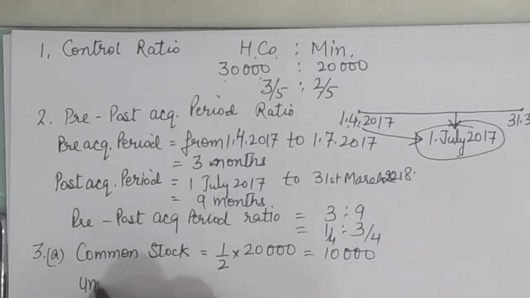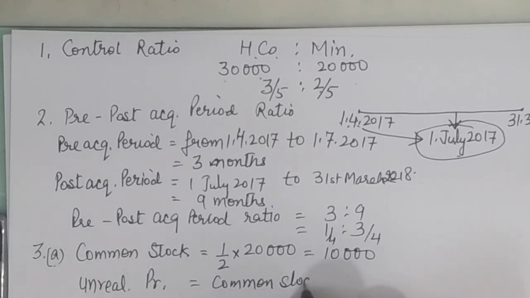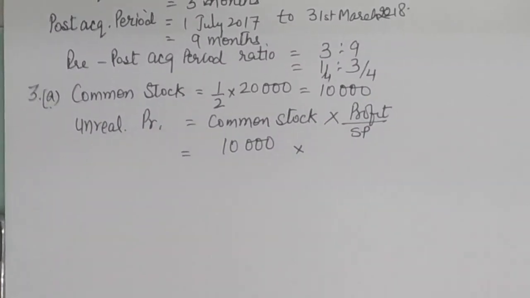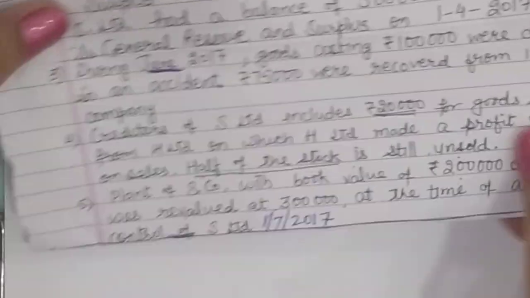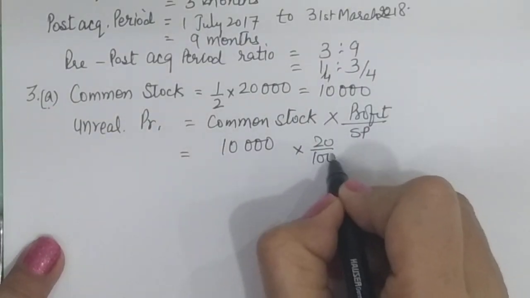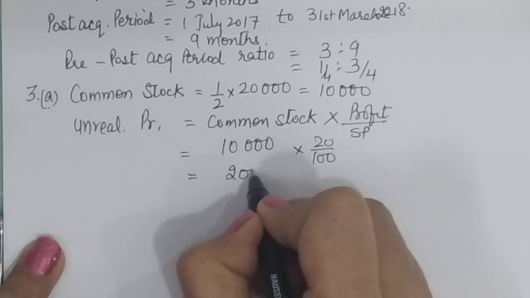So unrealized profit. Unrealized profit is the profit on this common stock which hasn't yet been realized. So common stock into the ratio of profit to selling price. So stock was 10,000. The company makes a profit of 20% on sales. See the question. Profit of 20% on sales, so that means 20% of this, so 1/5, 2,000 rupees.